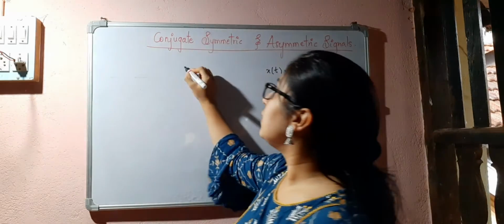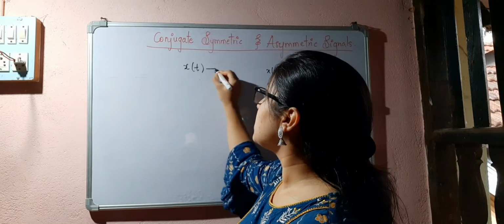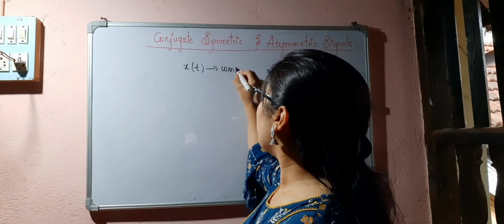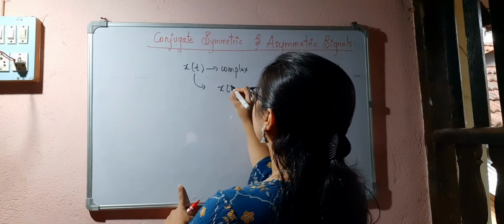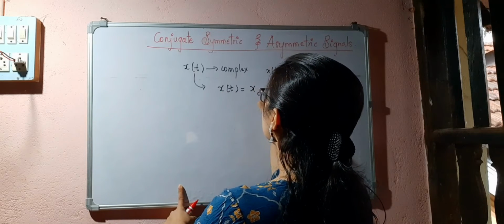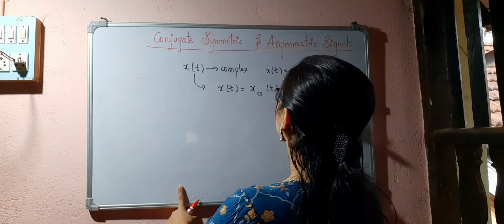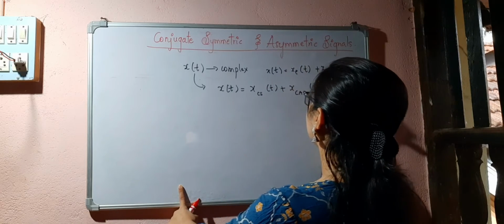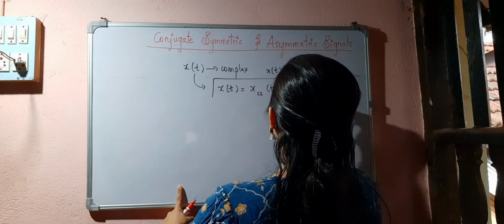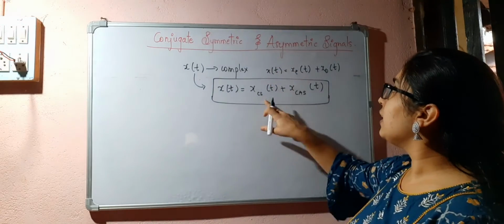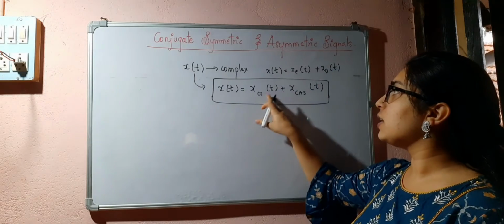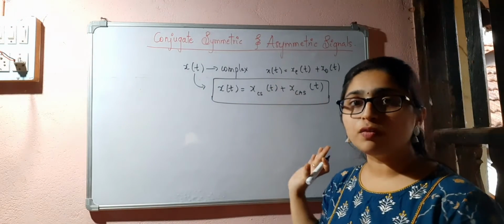Likewise, if I consider x of t as a complex signal, it has two parts. So x of t is equal to the conjugate symmetric part plus the conjugate asymmetric part. This is when x of t is complex. Similarly, xcs of t plus xcas of t.